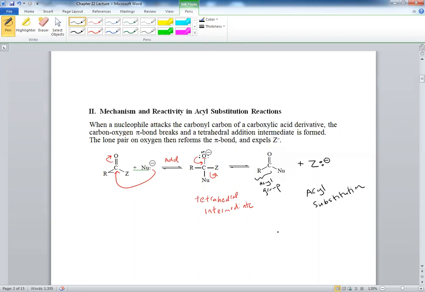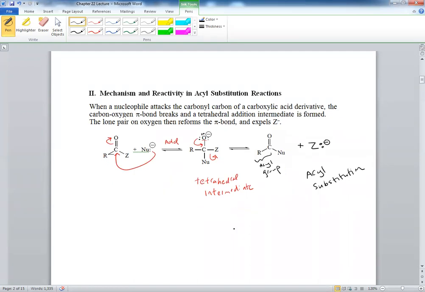Now, an important point to mention here is that the identity of Z is going to determine how the reaction will proceed, whether the reaction will take place or not. This is very, very important. So Z is the portion that will help you determine whether the reaction is going to take place or not.